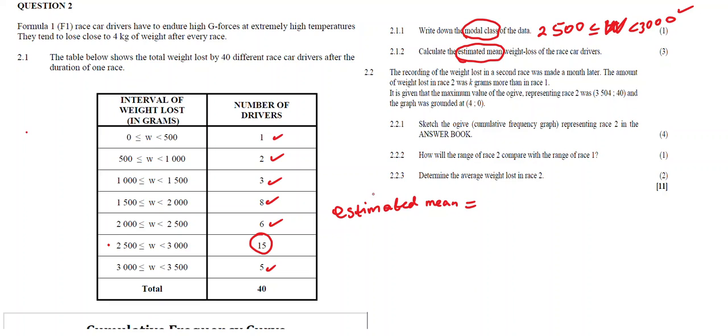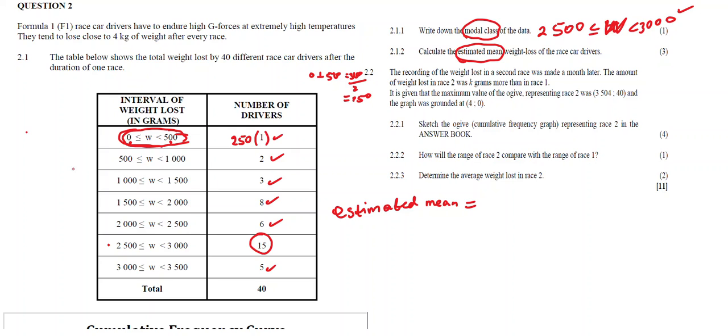You take these two numbers here, you add them, then you divide by 2. 0 plus 500 is 500, divided by 2 is 250. Then the answers that you get, you're going to multiply with the frequency.